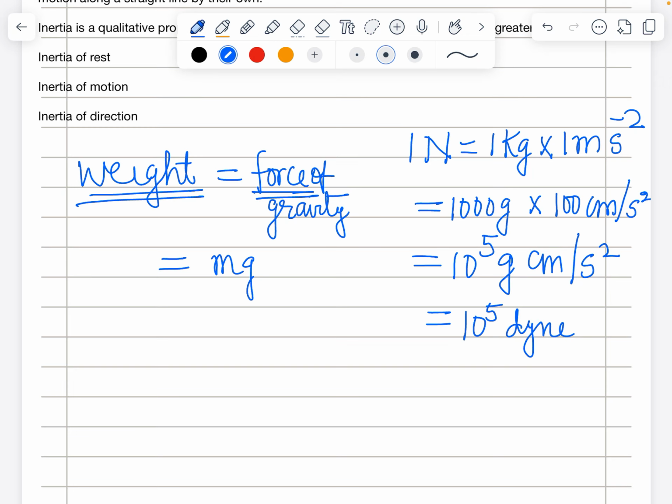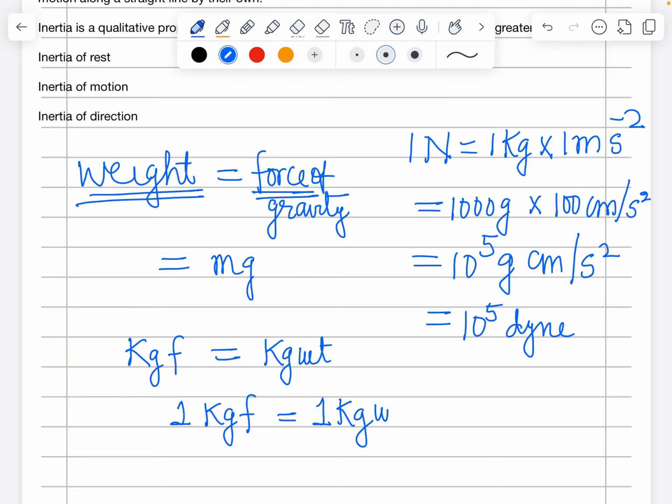And what are those? The gravitational unit of force is kilogram force. In case of weight, we call it kilogram weight. And 1 kilogram force is equal to how many Newton? 1 kilogram weight is equal to how many Newton? You multiply with the value of g, the acceleration due to gravity, that is g Newton.